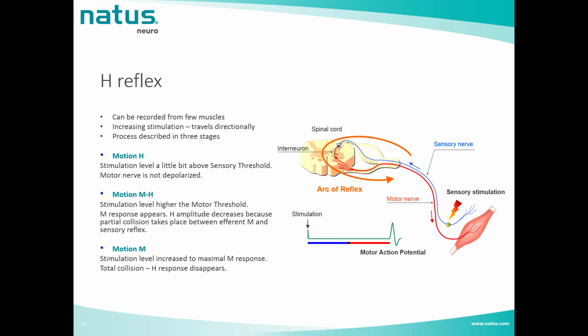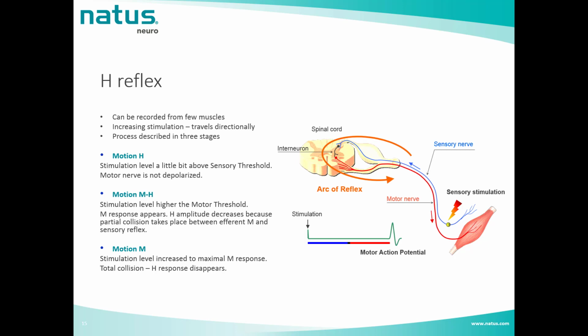Just like in the F wave, once we stimulate a nerve, the stimulation will travel bidirectionally, and the process used in the H reflex can be described in 3 stages: stage H, stage MH, and stage M. In stage H, we have a stimulation level that is fairly low, just above the sensory threshold.